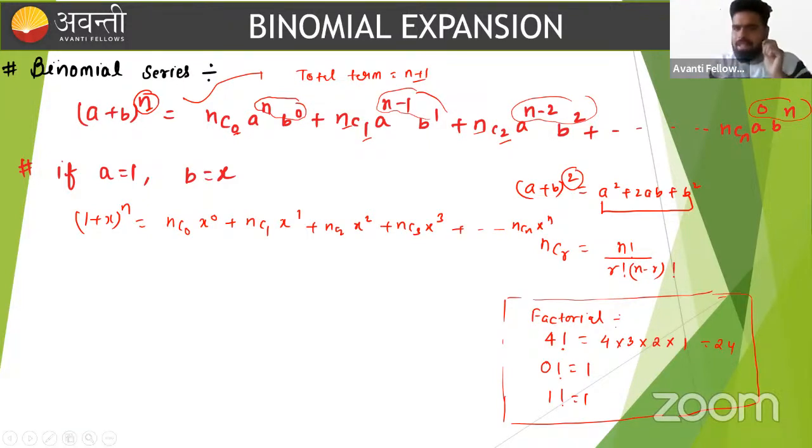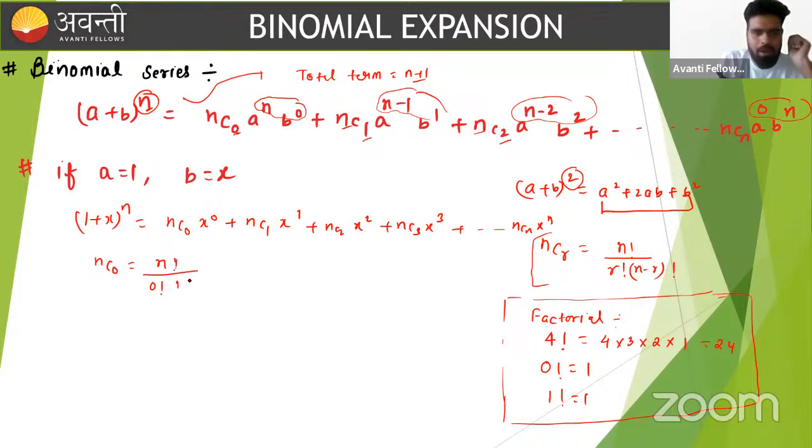What is nC0? If you want to write it using the combination formula, nC0 can be written as n factorial divided by 0 factorial into (n minus 0) factorial, and this equals 1.